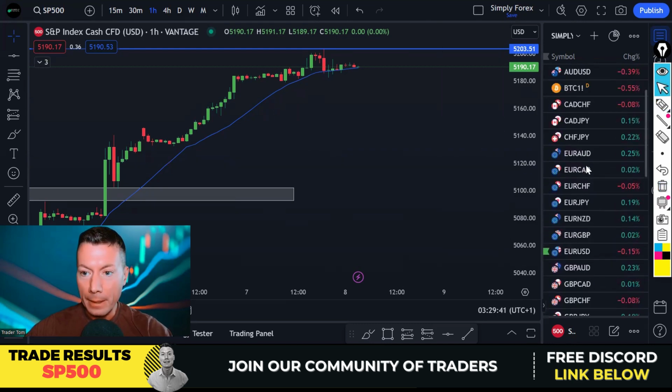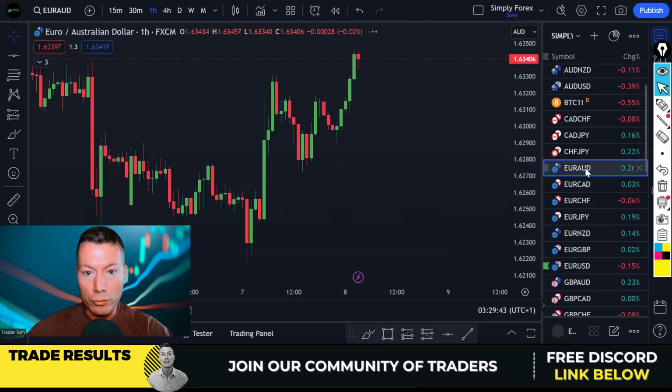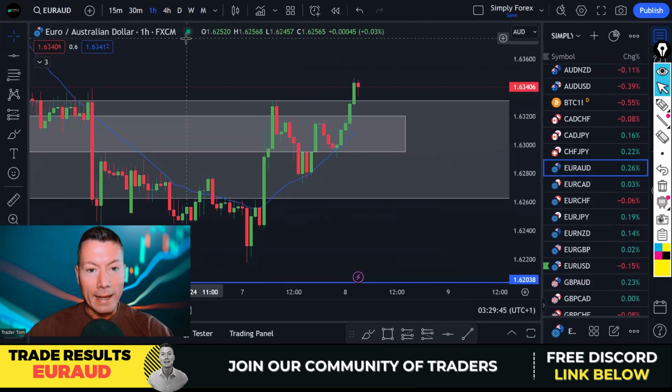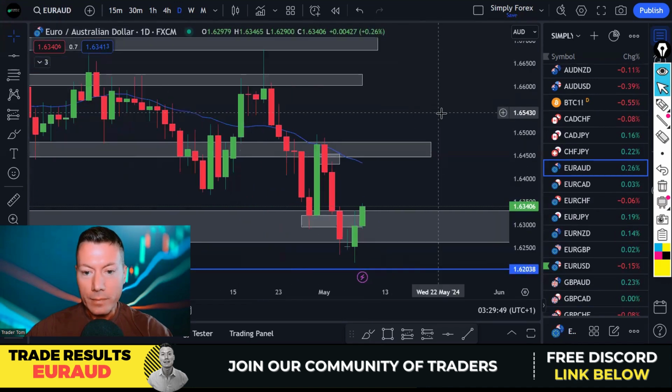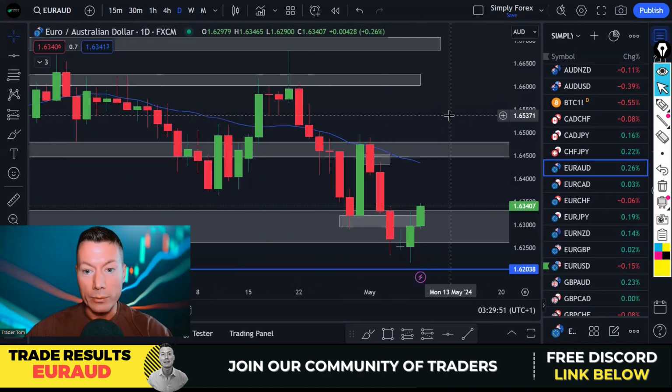And then the other trade we were looking at was euro against the Aussie dollar. If we start with the day chart, we were looking to still sell this, right? Price was in a downtrend. Price had come back up, and we were looking to take price lower.